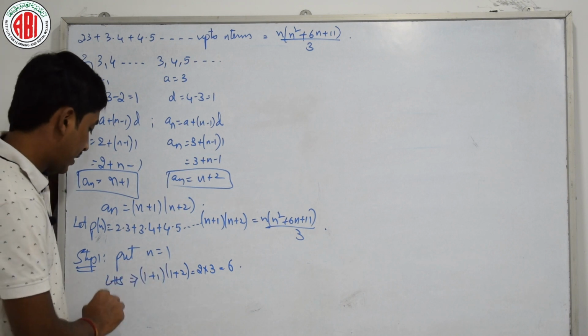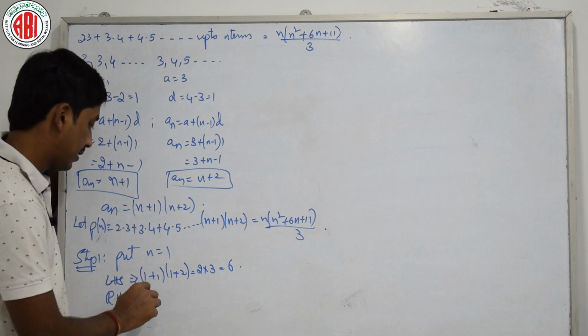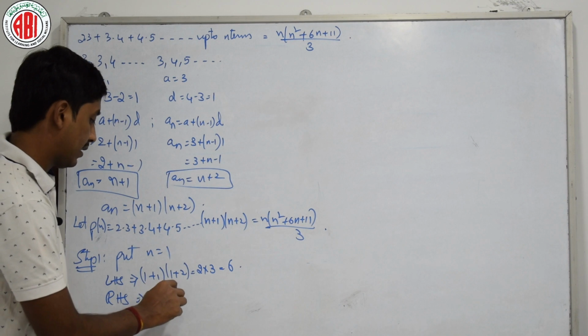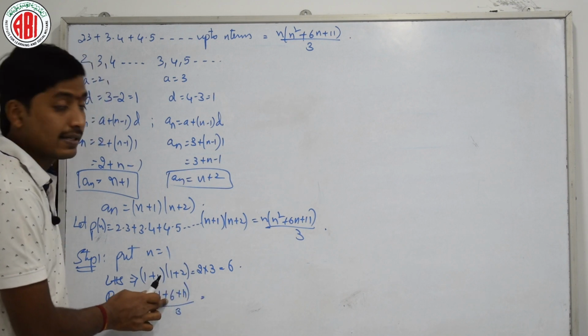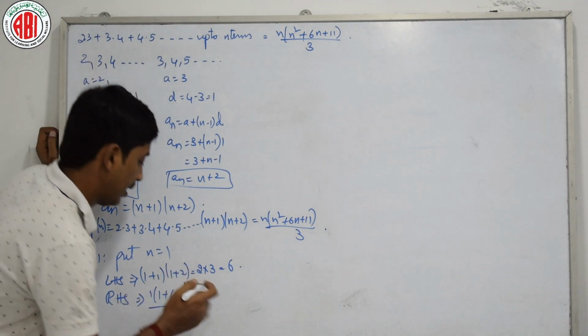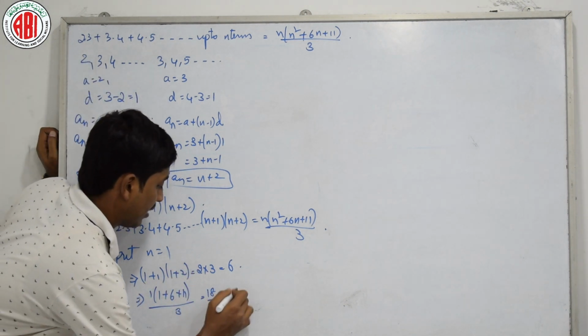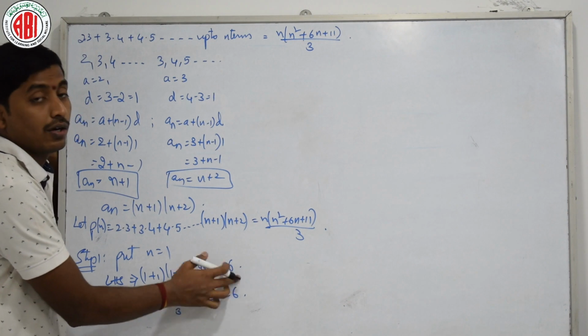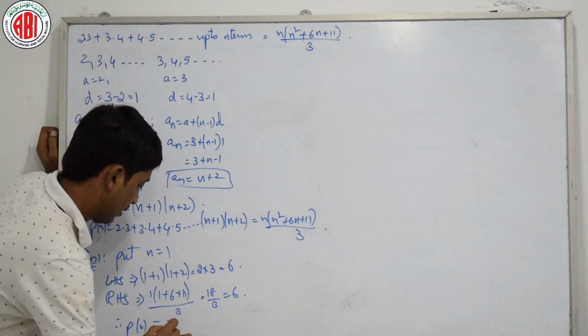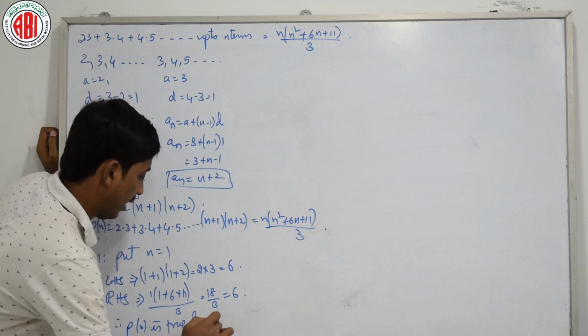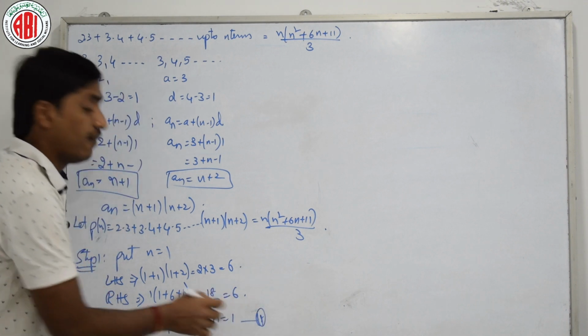And the next, RHS is 1 into (1 plus 6 plus 11) divided by 3. 11 plus 6, 17. 17 plus 1, 18 by 3, that is 6. LHS is equal to RHS. Therefore, P of n is true for n is equal to 1. This is my first statement.